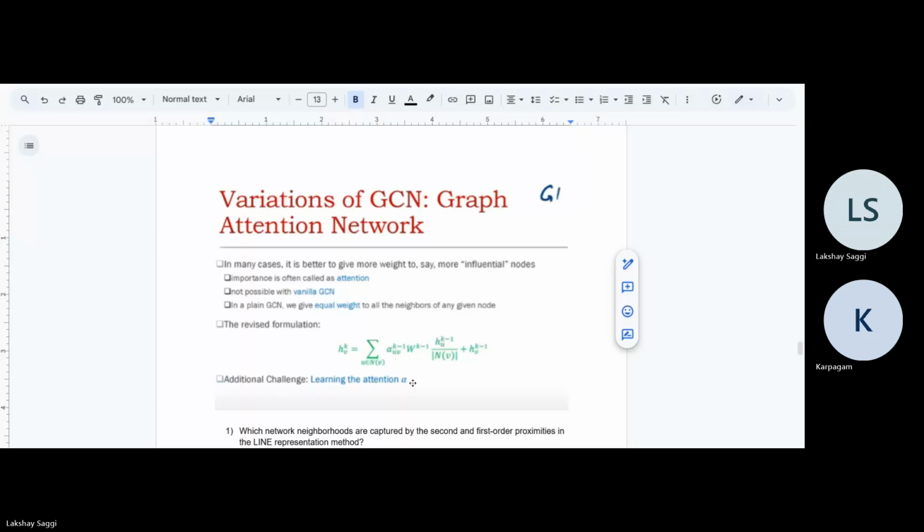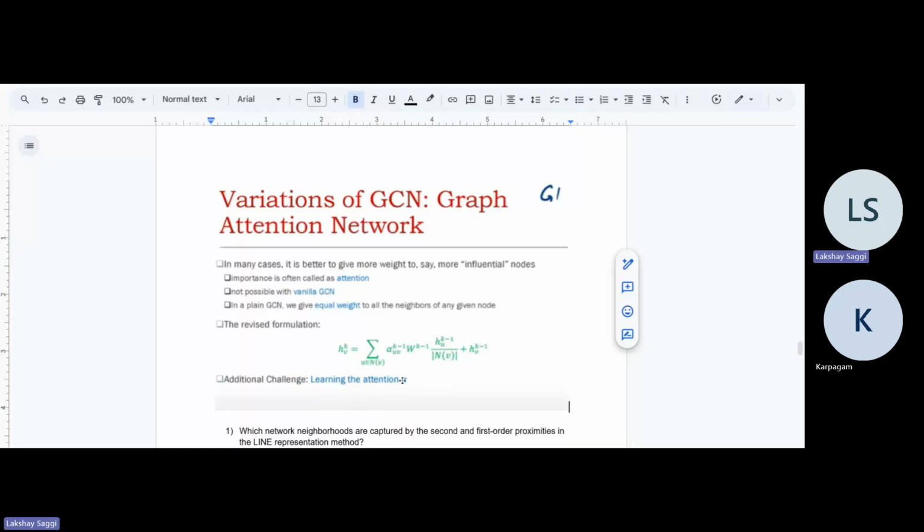So that's why another thing which usually needs to be done here is learning this attention alpha, and these attention alpha parameters also get updated at every iteration. These parameters are very important because they describe how much weightage, or how much influence, you want to give to each node.